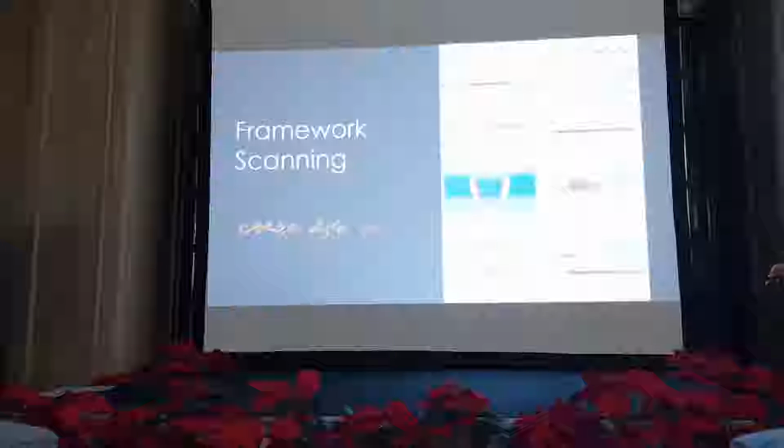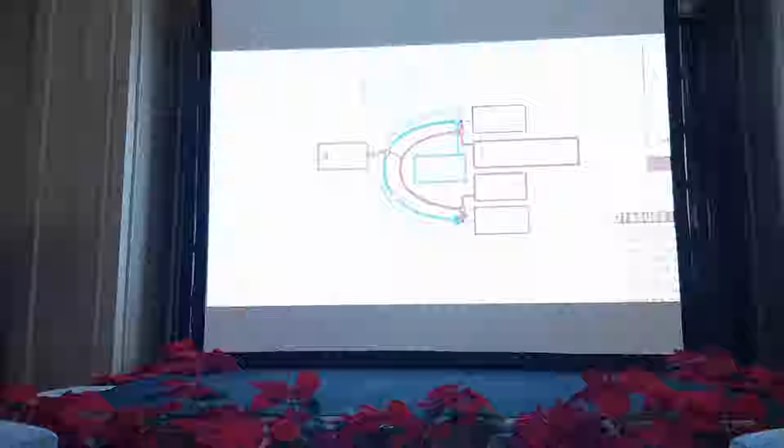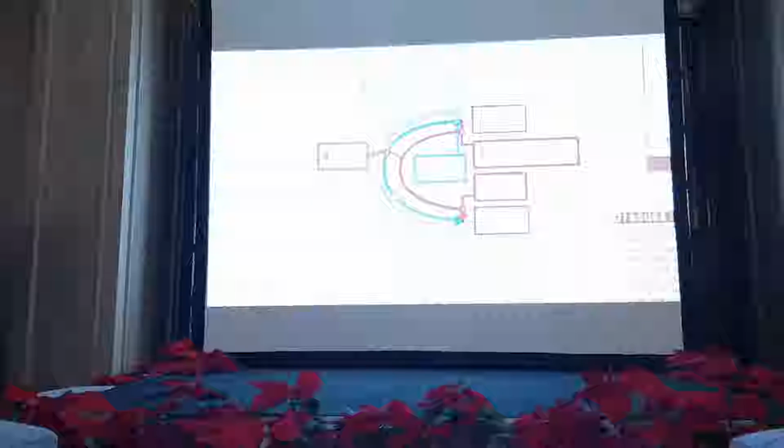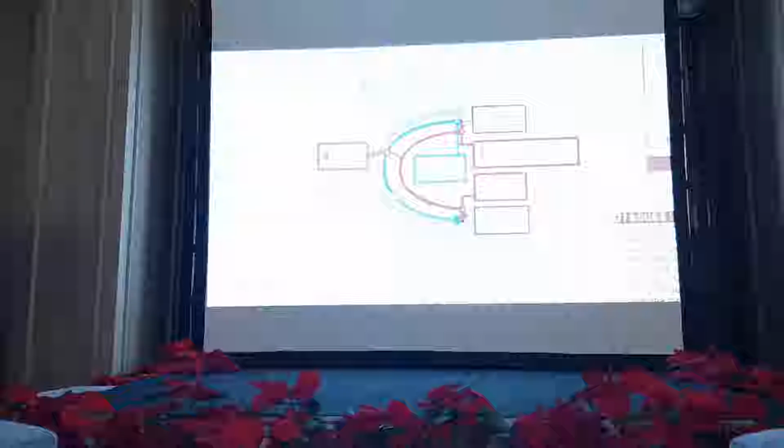So our team, Dr. Michael Tsao, published this framework scanning in 2015. How do we perform framework scanning? First of all, we start from the occlusal side for about 3 seconds, but right after that, we turn to the palatal side. We finish the palatal side and go back to the occlusal side again for 3 seconds.